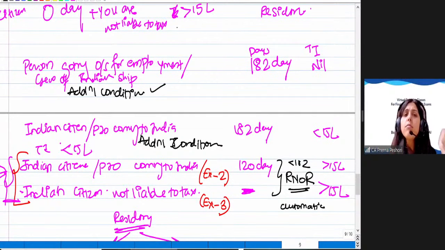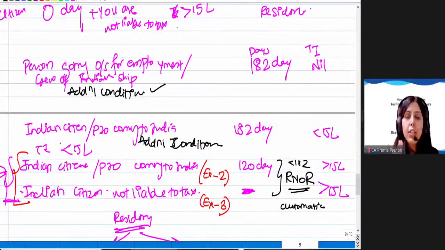Clear? Second, a person who has always been outside India comes to visit India. So what is the difference between category 1 and category 2? In category 1, say for example, I am today sitting in India, doing a job in India. Tomorrow I get a transfer or a job in London.